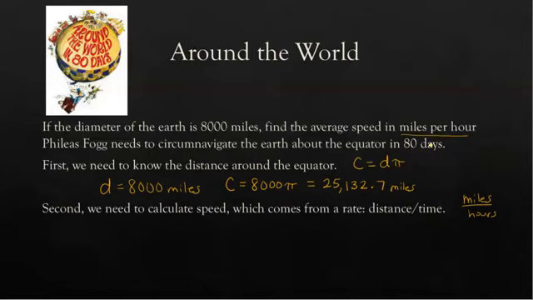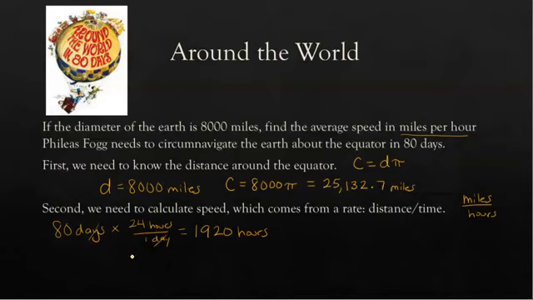To do that, I need to change my 80 days into hours. So how many hours are there in each day? 24 hours in one day. So our days will end up canceling out. We'll have 1 in the numerator and 1 in the denominator, and we'll be left with hours. 80 times 24 is 1,920 hours.